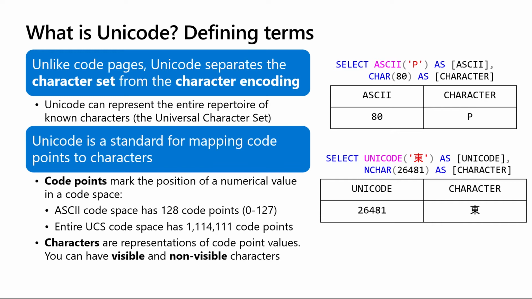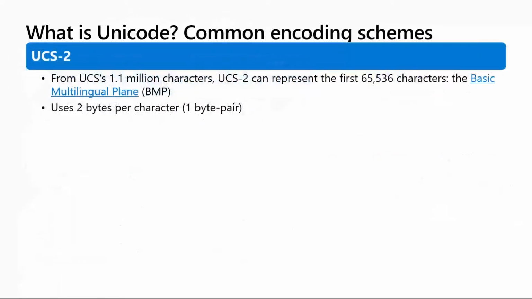And conversely, if I use that as a parameter for the nchar function, I get the character that I had. So this is what Unicode sets. It sets a position for the character in the entire repertoire of UCS.